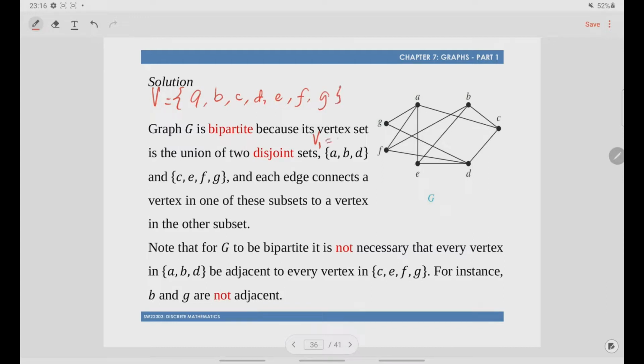The first set contains A, B, C, and the second set contains D, E, F, and G. As you can see, there is no common element between these 2 sets. So these 2 sets are disjoint. So we fulfill the first condition.